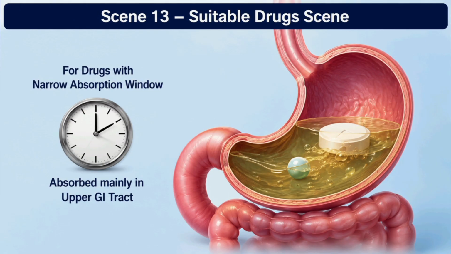Is it clear? Other formulation considerations can include local action in the stomach and the drug behavior in gastrointestinal conditions. So students, remember, the dosage form must be designed according to the properties of the drug. We never choose a delivery system simply because it looks interesting. Okay.